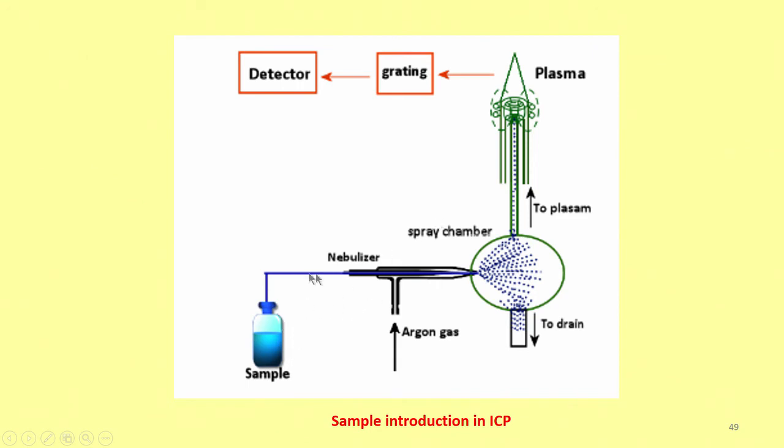So, what I have here is the sample, a peristaltic pump, it gets sucked here and then into the nebulizer, argon gas is there, a fine mist is generated, bigger droplets are collected back into the drain, and then the finer droplets of the order of about 10 micrometers get carried into the plasma torch, which enter into the plasma, and then the emitted radiation must pass through the grating and detector.